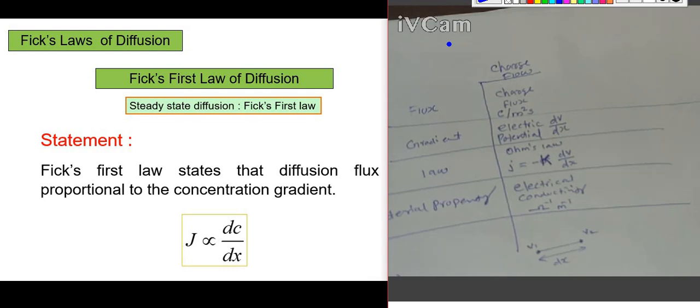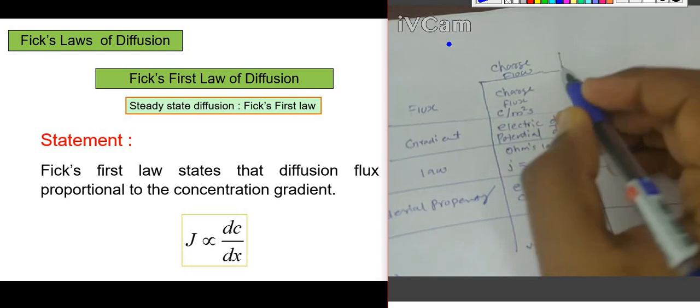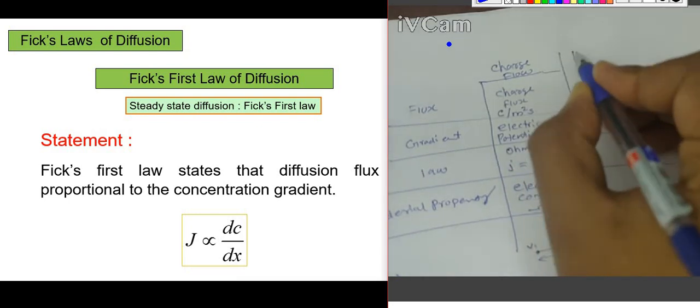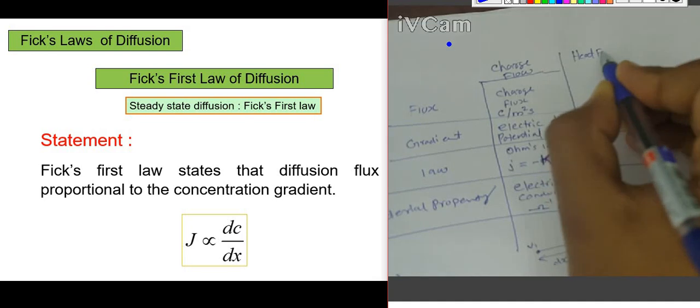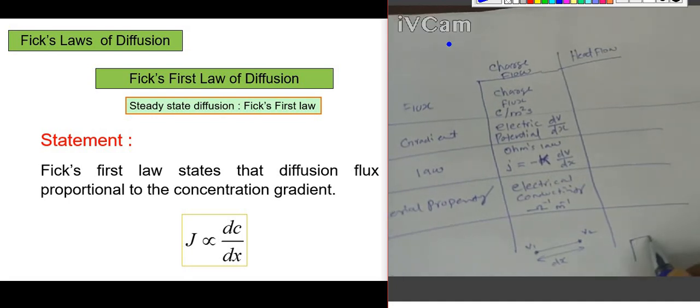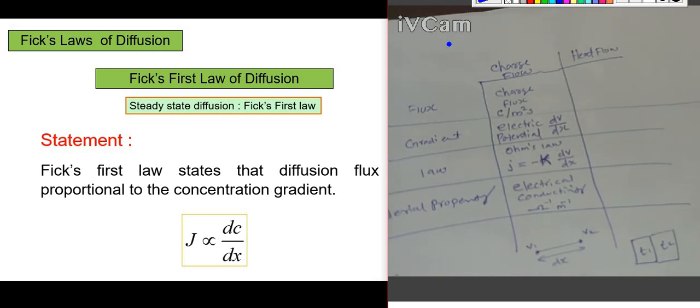Okay, and similarly we can talk about heat flow. For example, I am taking a hot medium with temperature T1 and a cold medium with temperature T2.